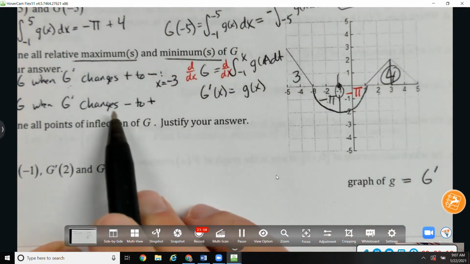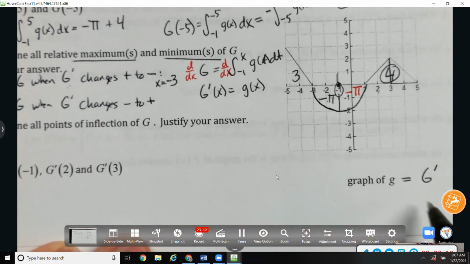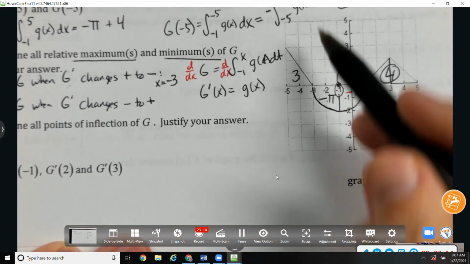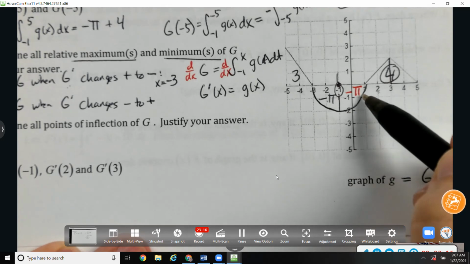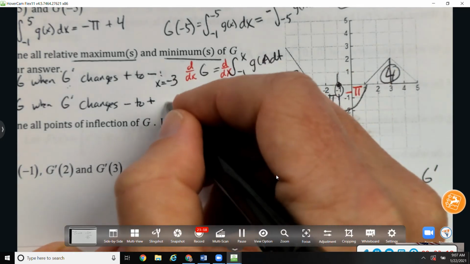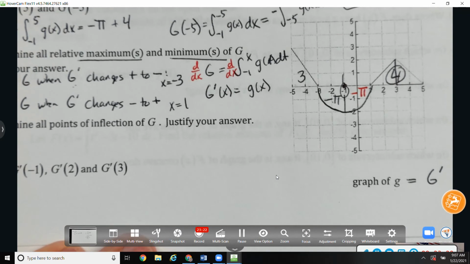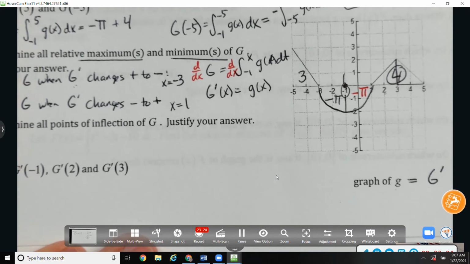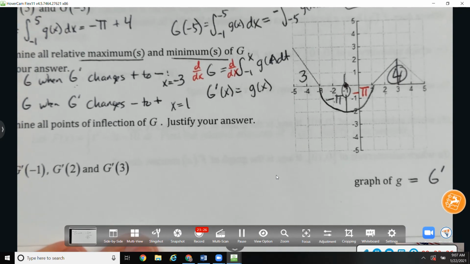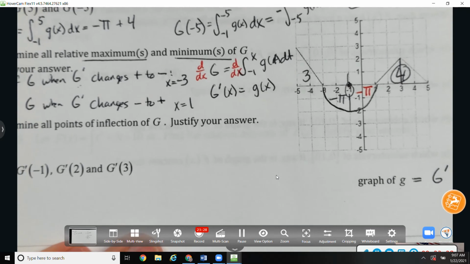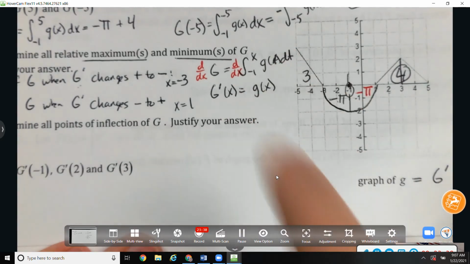G prime changes negative to positive. Well, this is the graph of G prime. So that change from negative to positive happens at x equals 1. But again, the main point of today's lesson is borrowed from yesterday's. If you take the derivative of an integral, you get back to what you started from.